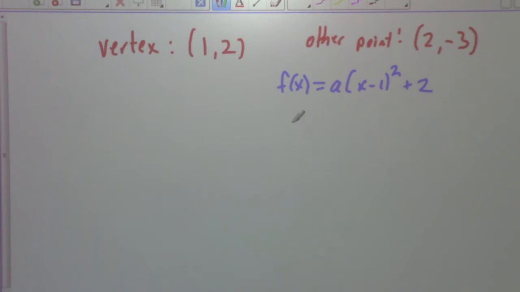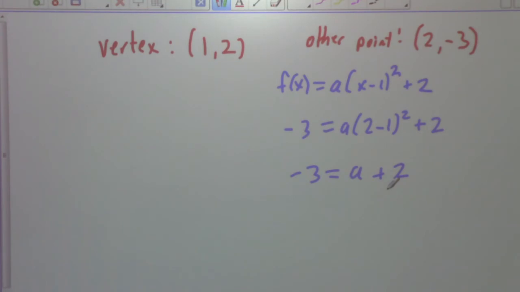Negative 3 equals a, parentheses, 2 minus 1, close parentheses, squared, plus 2. I got negative 3 equals a plus 3. I got a plus 2 when I did it. Oh yeah, I got plus 3. Is that what you got, Kim?